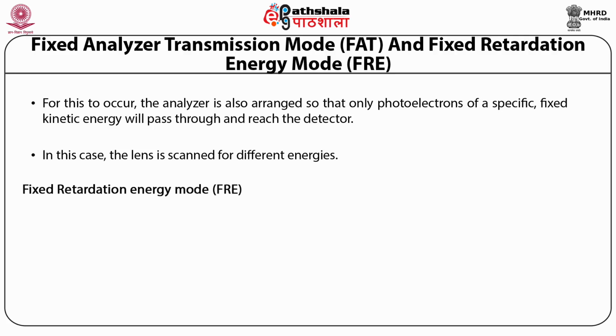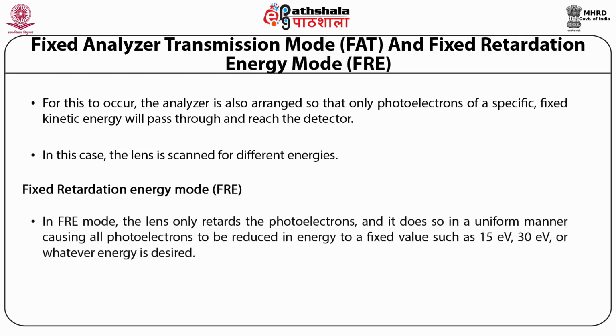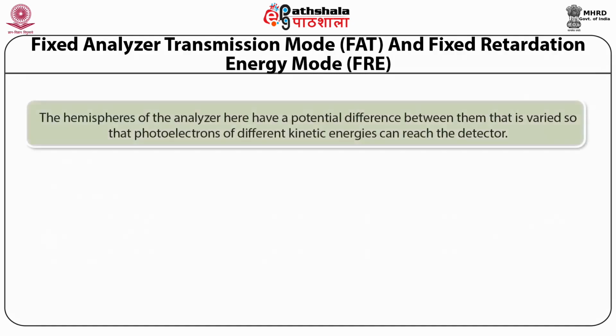Second one is the fixed retardation energy mode or FRE. In FRE mode, the lens only retards the photoelectrons and it does so in a uniform manner, causing all photoelectrons to be reduced in energy to a fixed value such as 15 electron volt or 30 electron volt or whatever energy is desired. The hemispheres of the analyzer here have a potential difference between them.